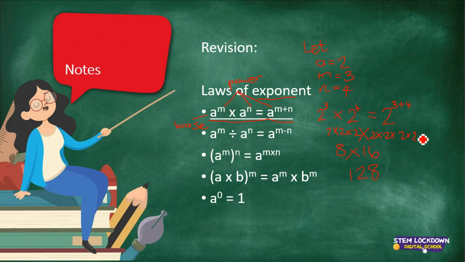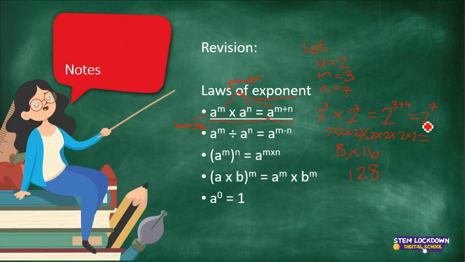So it is equal to, okay. Now obviously 2 to the power 3 plus 4 will be 2 to the power 7, right? 3 plus 4 is 7. 2 to the power 7 is 2 times 2 times 2 times 2 up to 7 times.